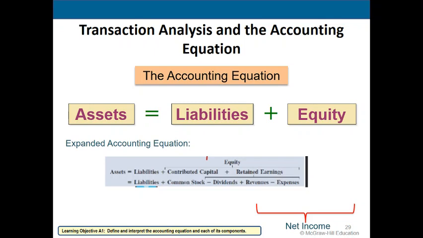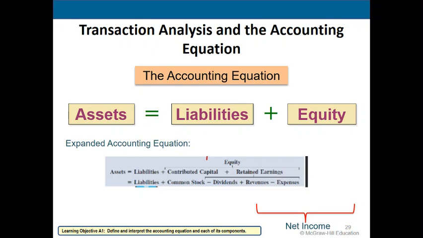Now, assets are made up of certain categories of accounts. So, things such as cash, accounts receivable, inventory, and property, plant, and equipment are going to be assets.